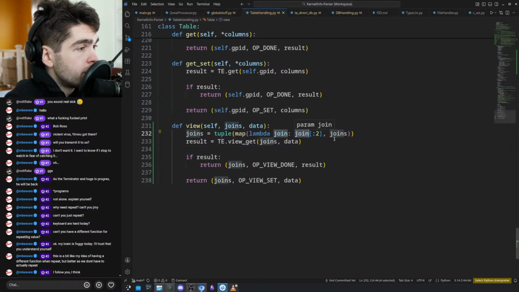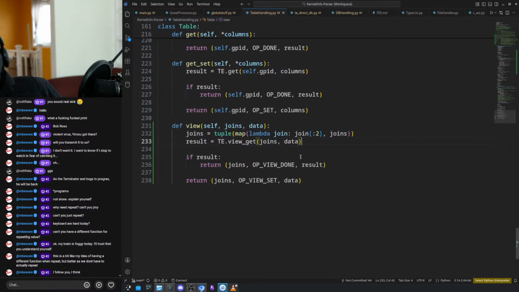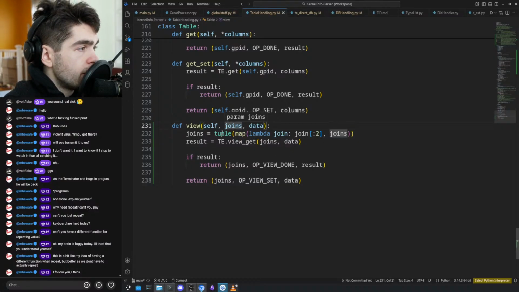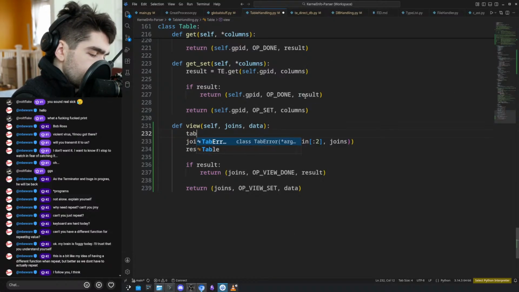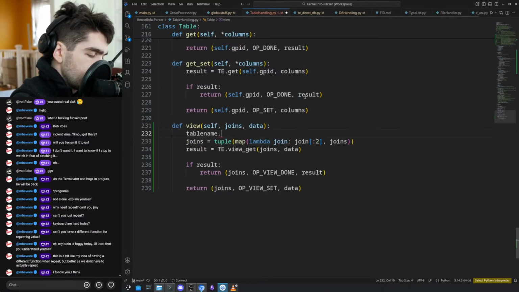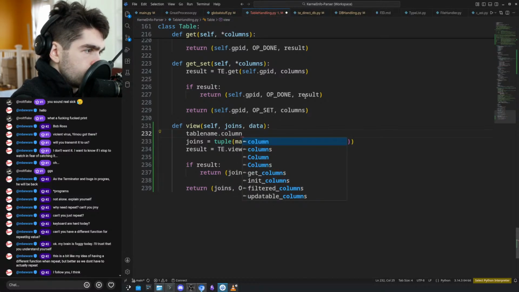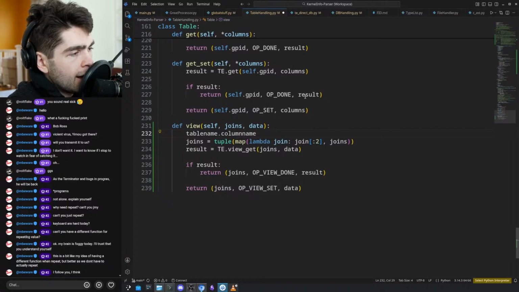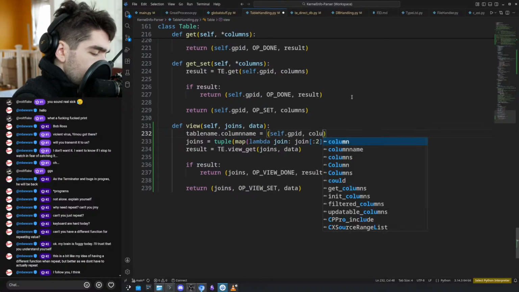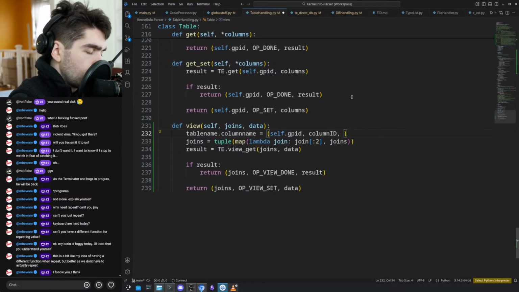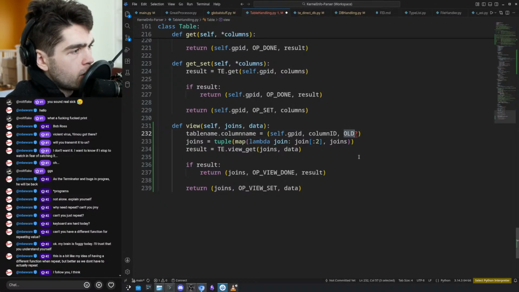But here I think I'm messing up. I'm just not sure. So the idea of this, specifically, is that whenever we do table name dot column name, it actually gives us a tuple, and that tuple is GPID colon ID followed by old, so it's a true or false old.